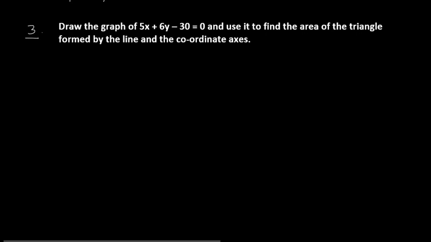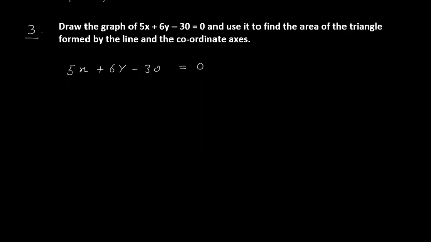Third question is, draw the graph of 5x plus 6y minus 30 is 0 and use it to find the area of triangle formed by the line and the coordinate axis. Okay, so the equation is 5x plus 6y minus 30 is equals to 0.